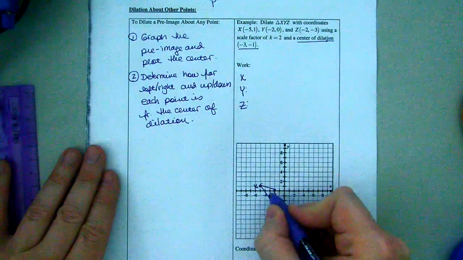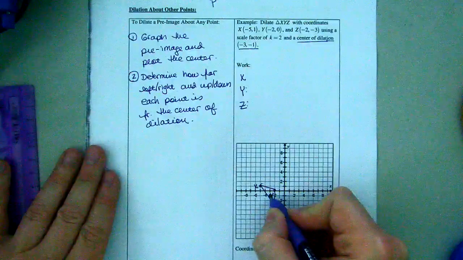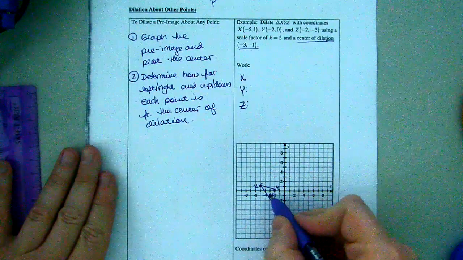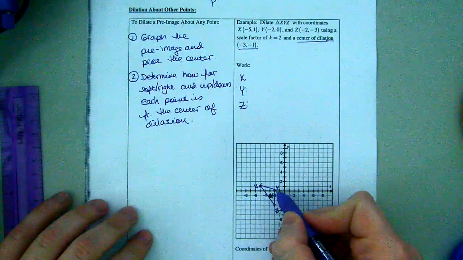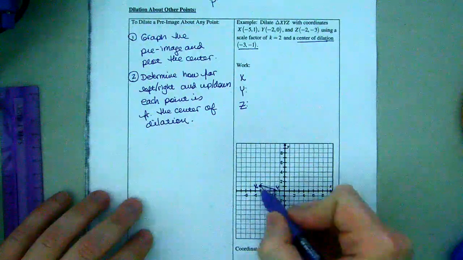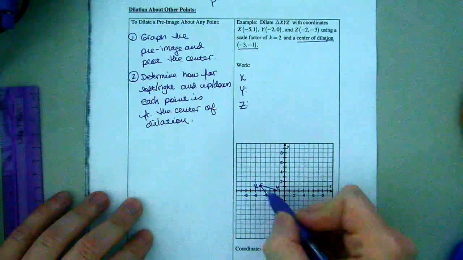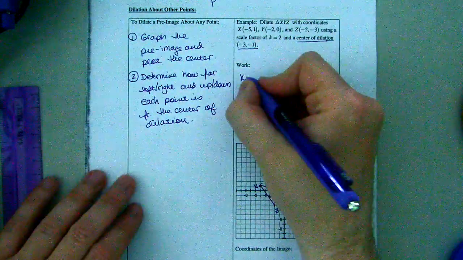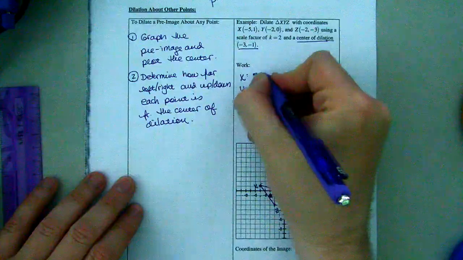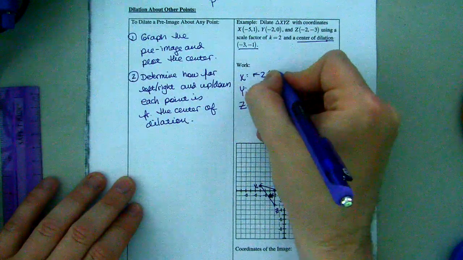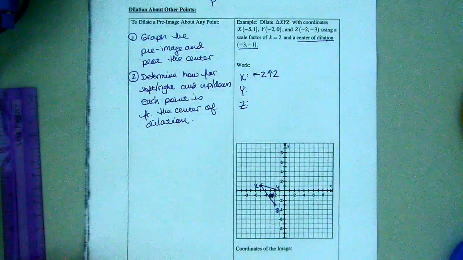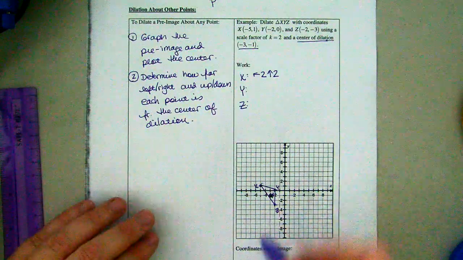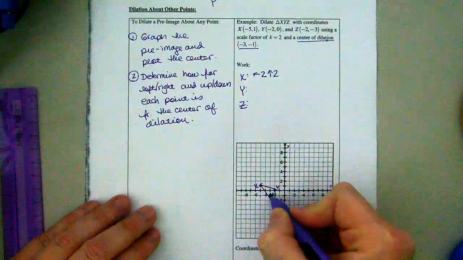My center of dilation is -3, -1. I want to talk about how far the x is from there, how far the y is from there, how far the z is from there. I think to get from the center to x, we're going to move left 2 and up 2. That's what I mean by determine how far left and right and up and down each point is from the center. Here's my center.